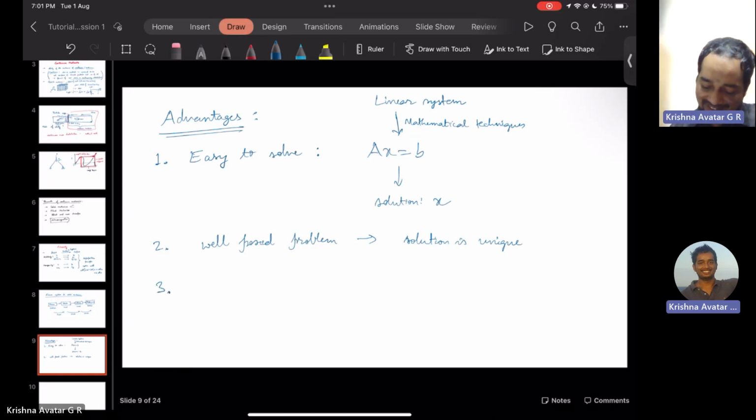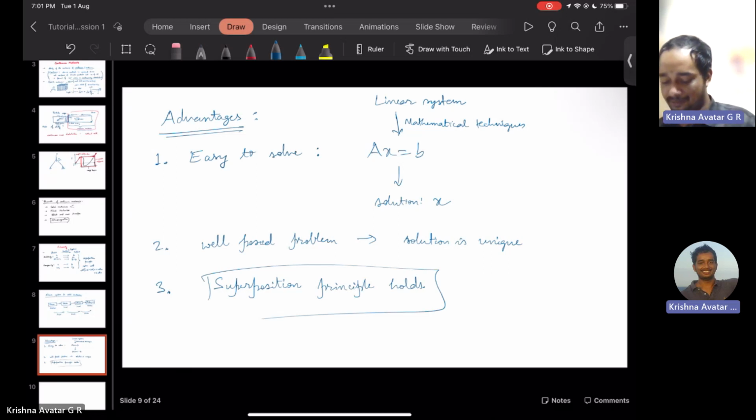And last but not least, the superposition principle holds. And what more do we want than the superposition principle holding, isn't it? That's essentially the quality of a linear system.